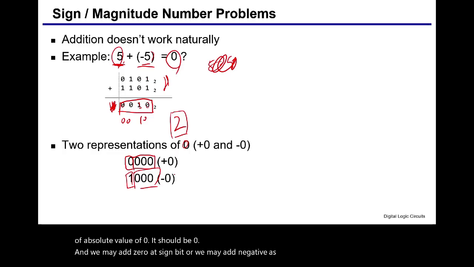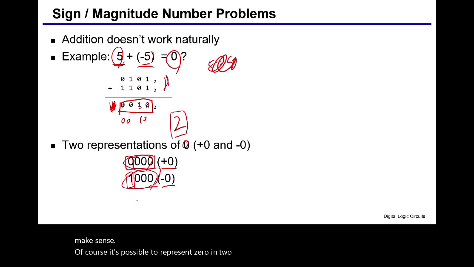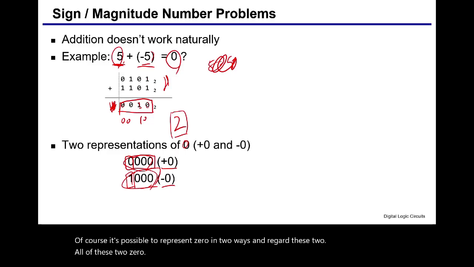That means in this system we have two representations of 0, plus 0 and minus 0, which does not make much sense. Of course, it's possible to represent 0 in two ways and regard both of them as 0.